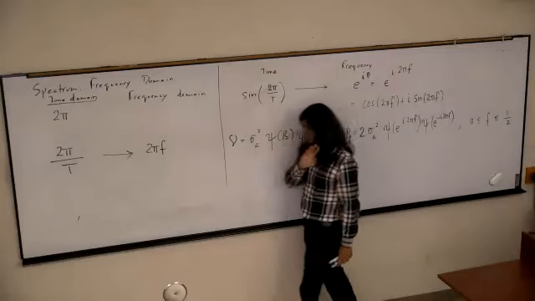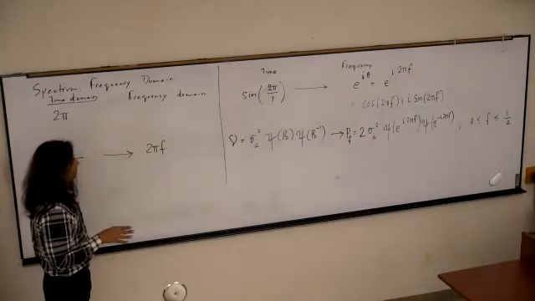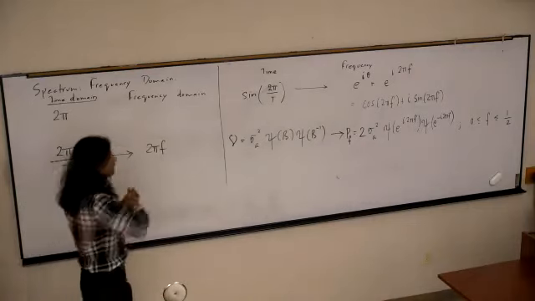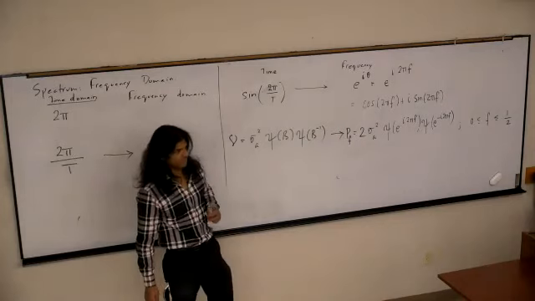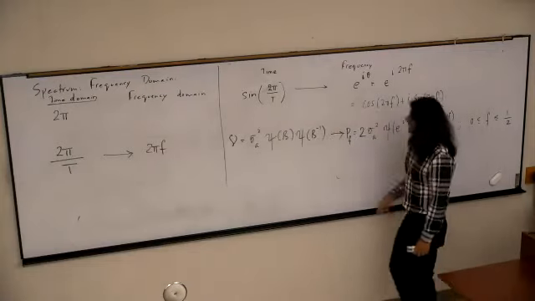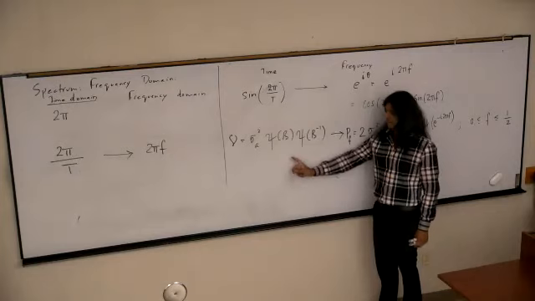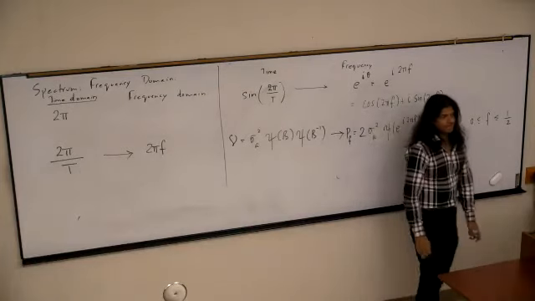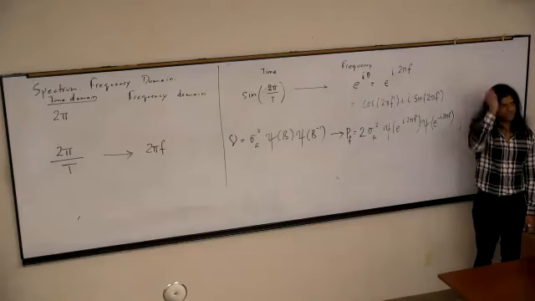Oftentimes we do have the original series, we have the autocorrelation function, but sometimes you may not be able to recognize the period exactly in the time domain. But when you move it to the frequency domain, you'll be able to pick it up.